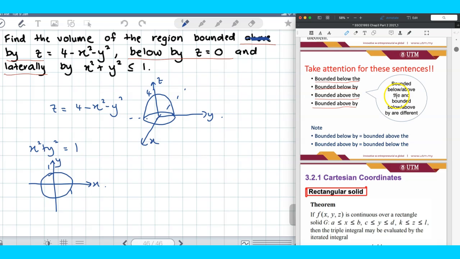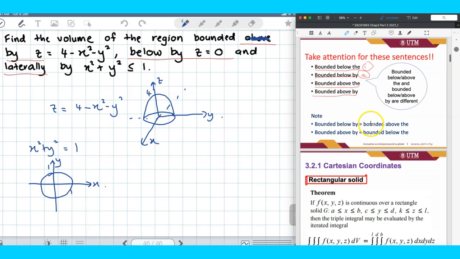Bounded above the and bounded above by are different. Maybe you think the first and the second are the same, but they are not the same.